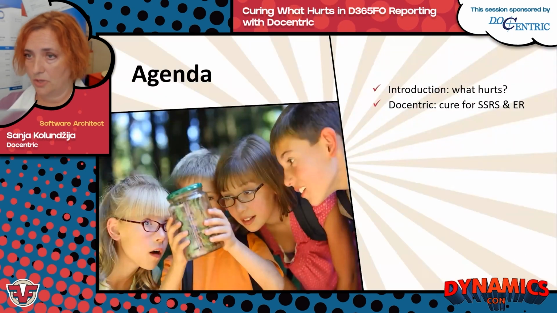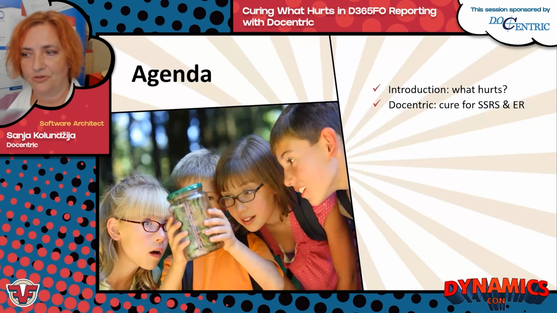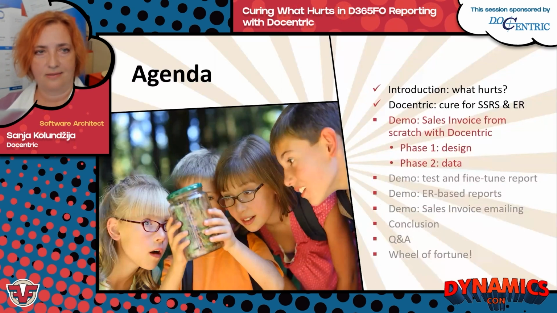So that was about how, in theory, we cure the problems with SSRS and electronic reporting. So now let's see that in practice. So it's time for our demo where we want to generate the sales invoice from scratch with Docentric. And as I already said, we will do it in two phases. In the first phase, we will deal only with the design.